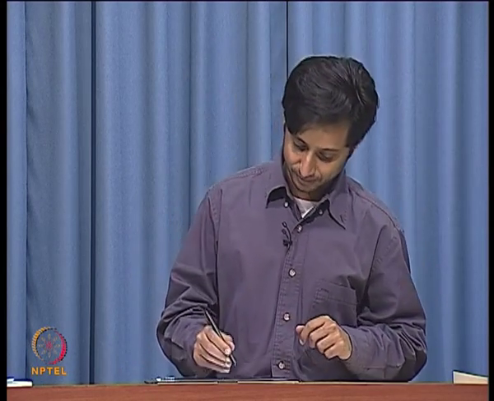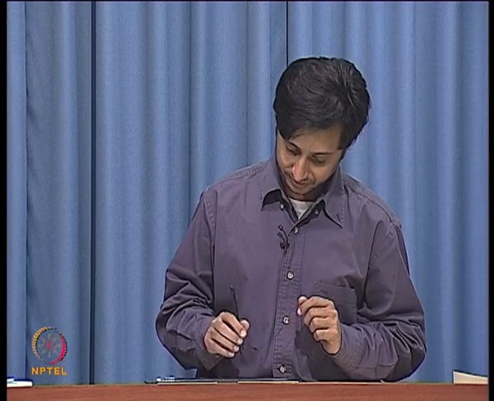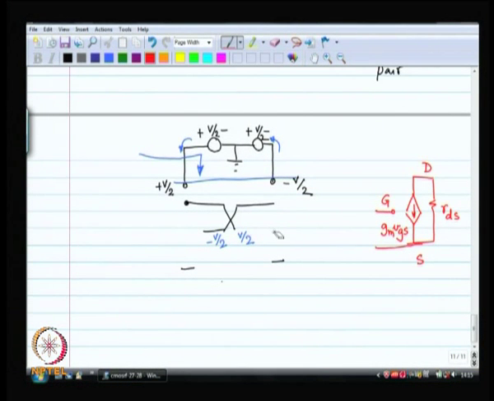In addition to DC, we are going to get some parasitic capacitors here and there, but our primary concern here is DC. Our primary concern here is in fact the resistive part of it. So, that is why I have conveniently thrown out all the capacitors. All right. So, let us replace the MOSFET with its small signal equivalent model.